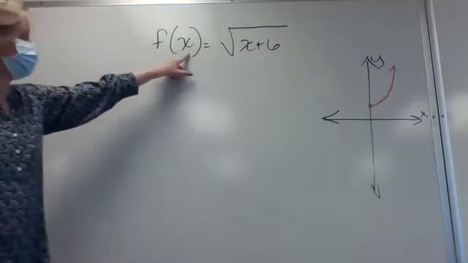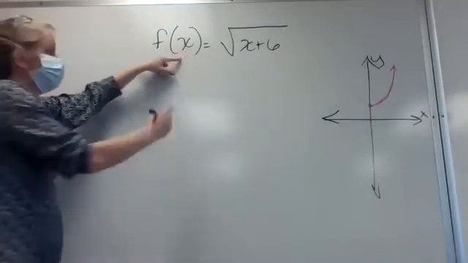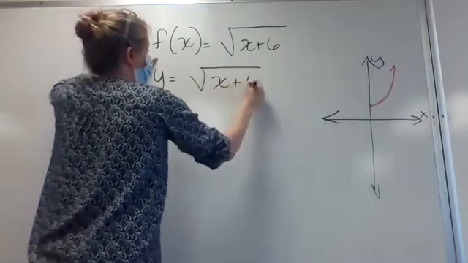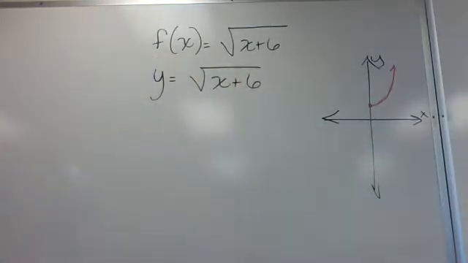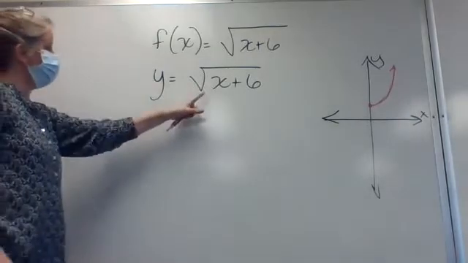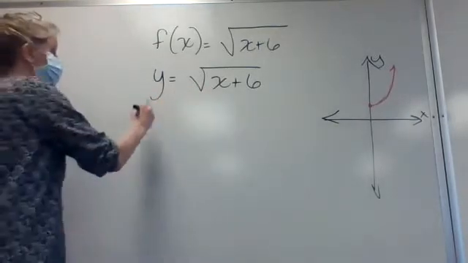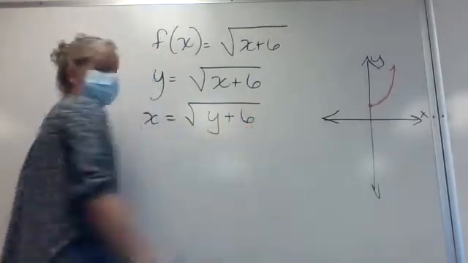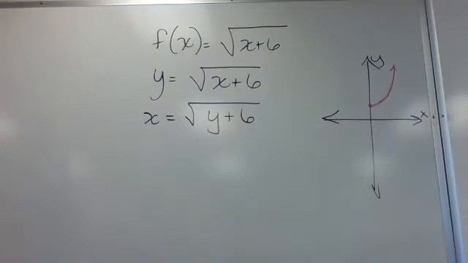So first things first, change your f of x to the y. So y equals the square root of x plus 6. Now, interchange your x and y. So x equals the square root of y plus 6.